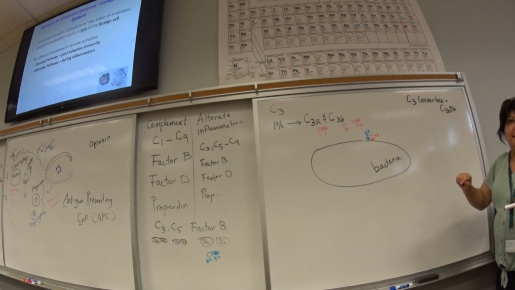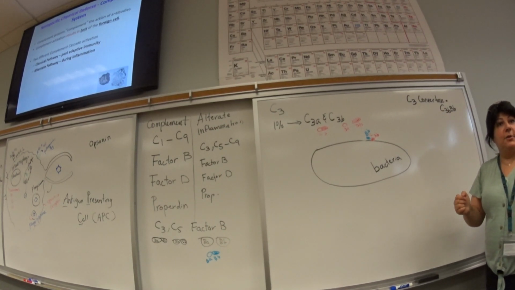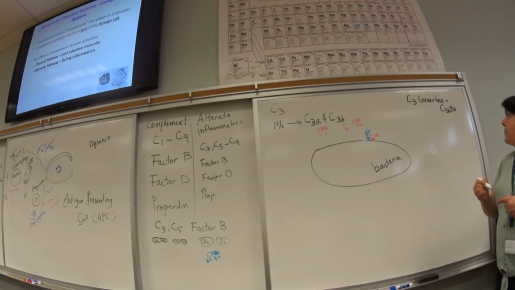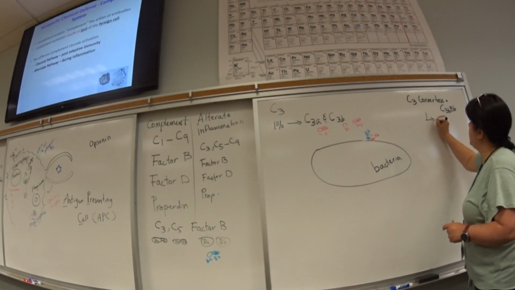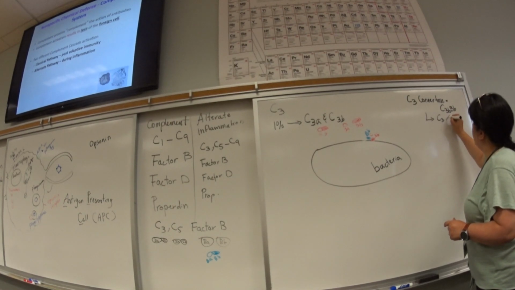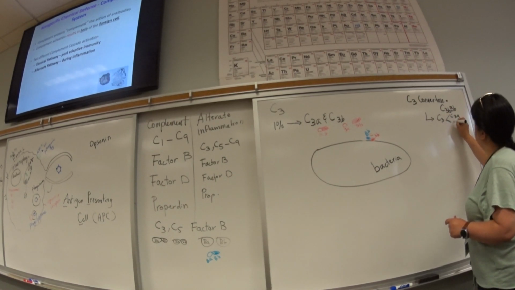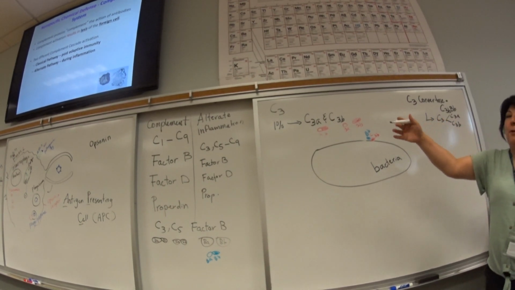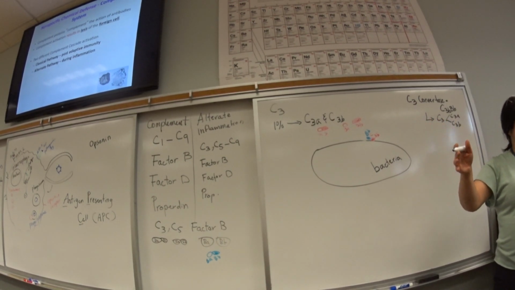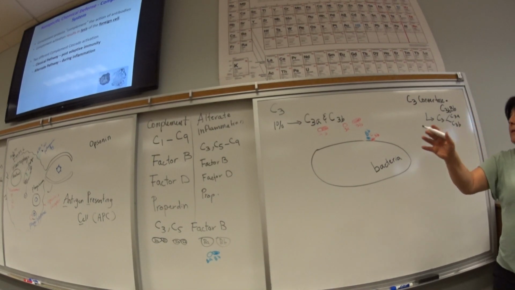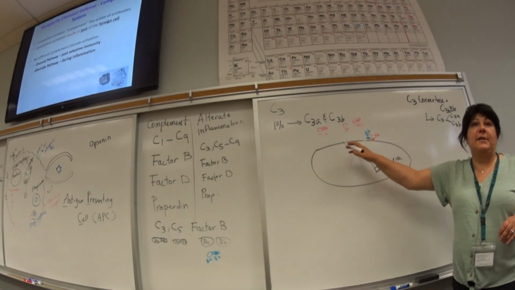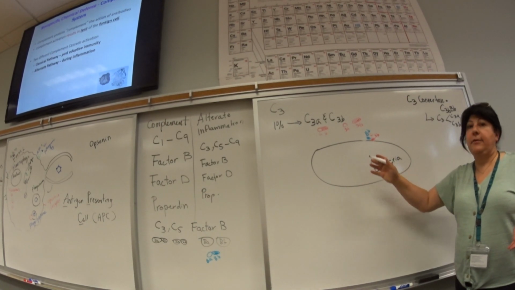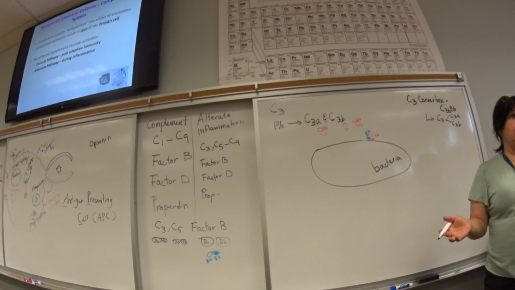C3 convertase is an enzyme that, now that you have it, will split all the C3s in the area. C3 convertase's job is to break C3 into 3A and C3B. Before you had 1%. Out of that 1%, maybe you got lucky and one C3B attached and stayed active. If none of them find a bacteria, none would remain active.